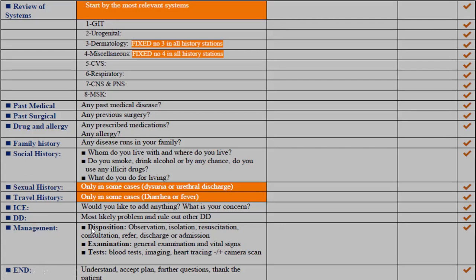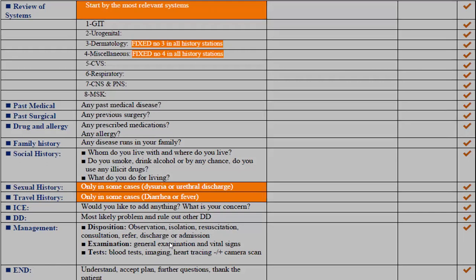After that, the management depends on the station. Check whether the patient needs observation, isolation, resuscitation, consultation, referral, or appointment. Examination is fixed in all stations. We will do examination, some blood tests, some imaging.